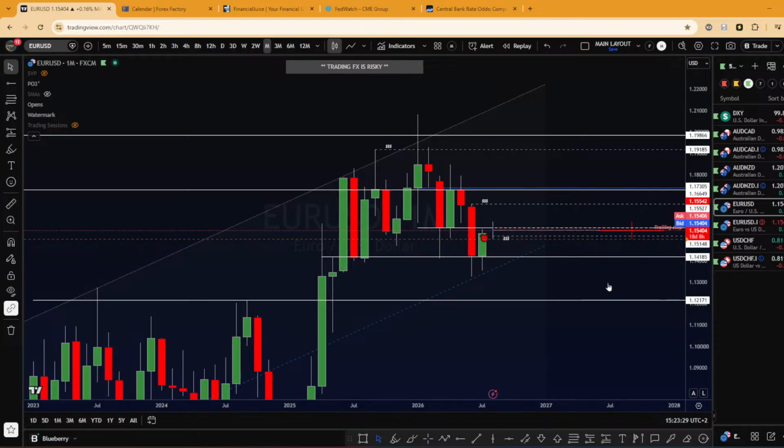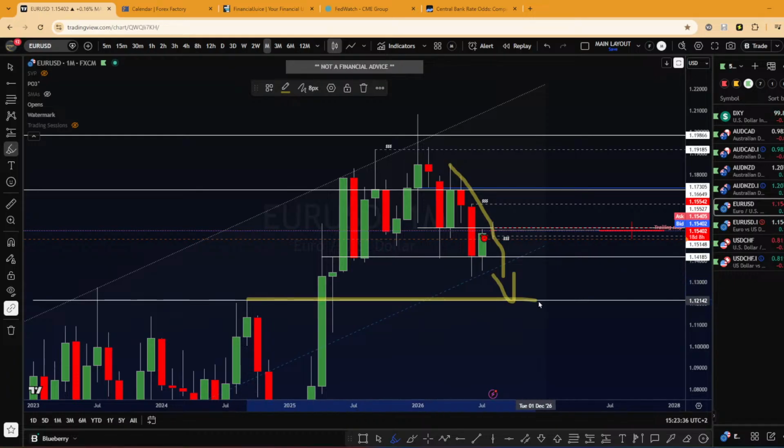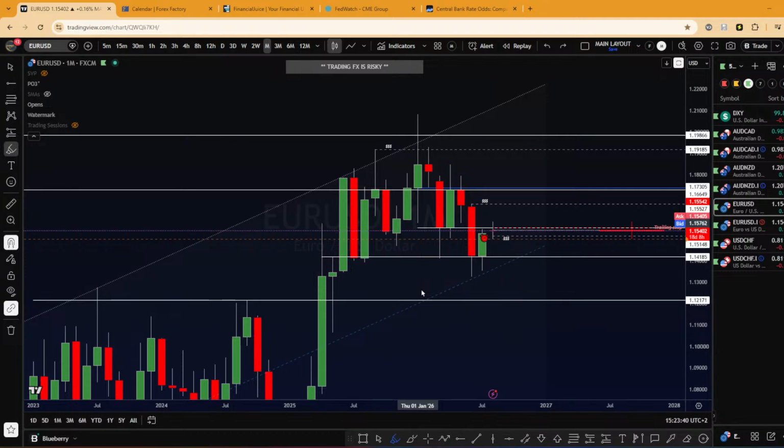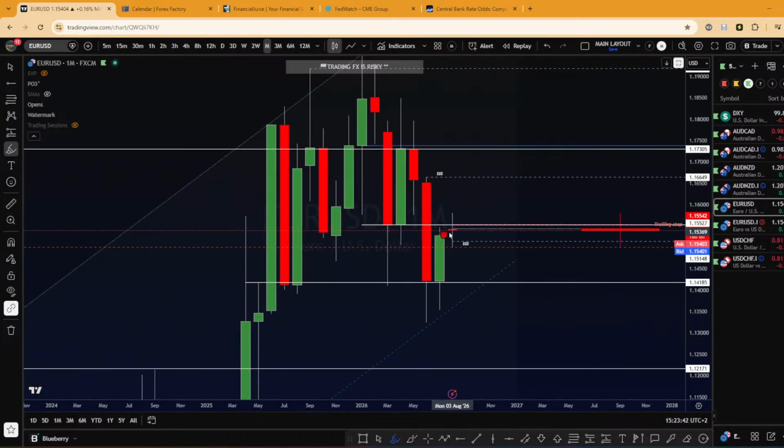So for me, I expect long term price on EURUSD to drop at least to target this level. This is long term. But right now the current monthly is stuck at this level of resistance, you see. Maybe once we break it and retest above, we could potentially target the premium price.